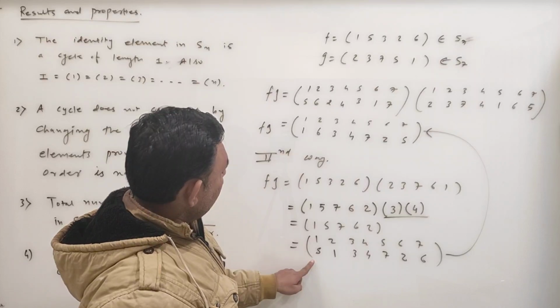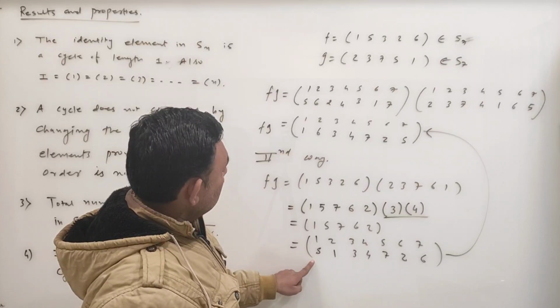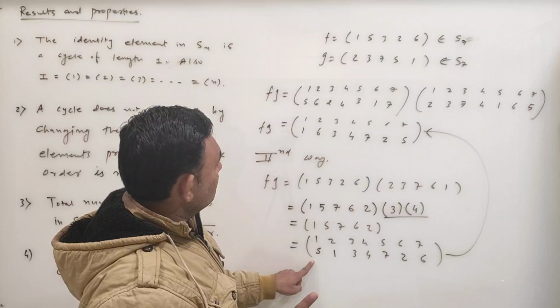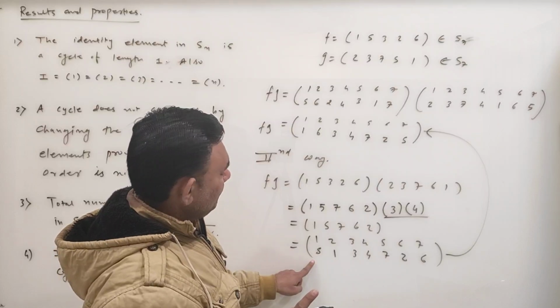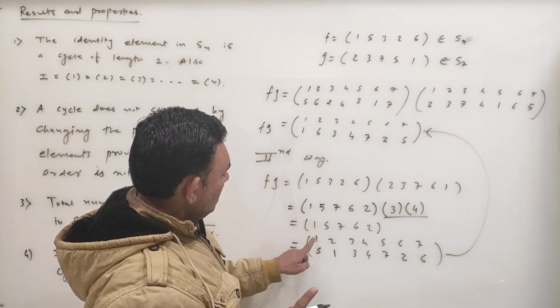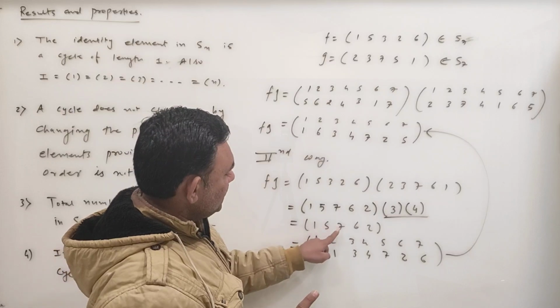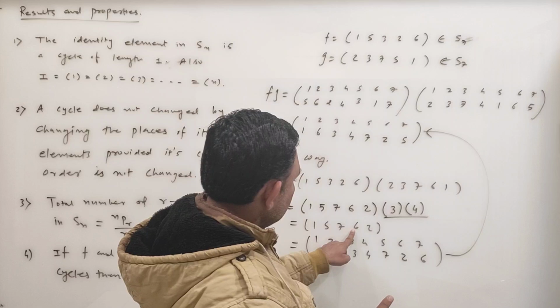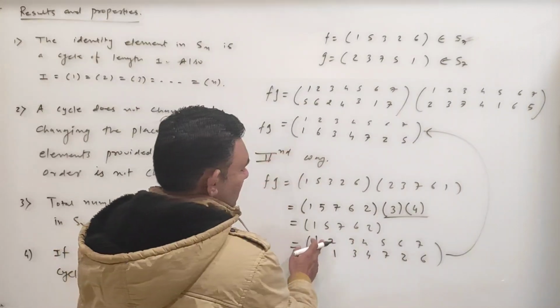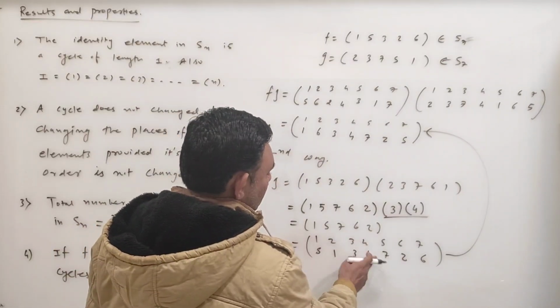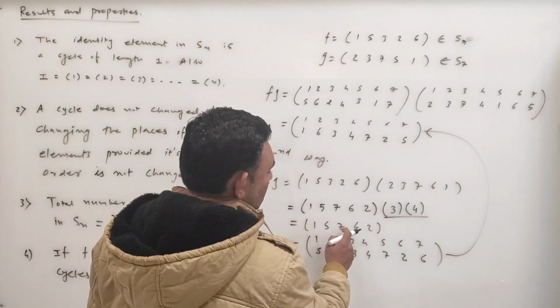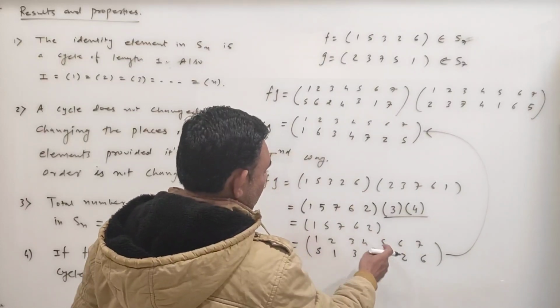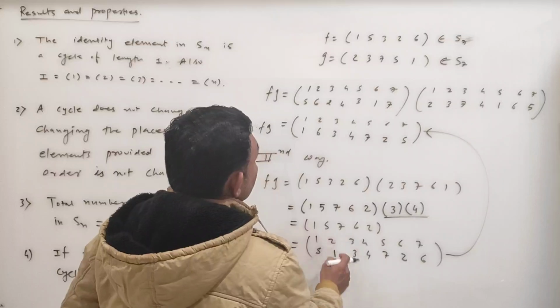Why is it different? We made some mistake, please. 1 goes to 5, 5 goes to 7, 7 goes to 6, 6 goes to 2 and 2 goes to 1.